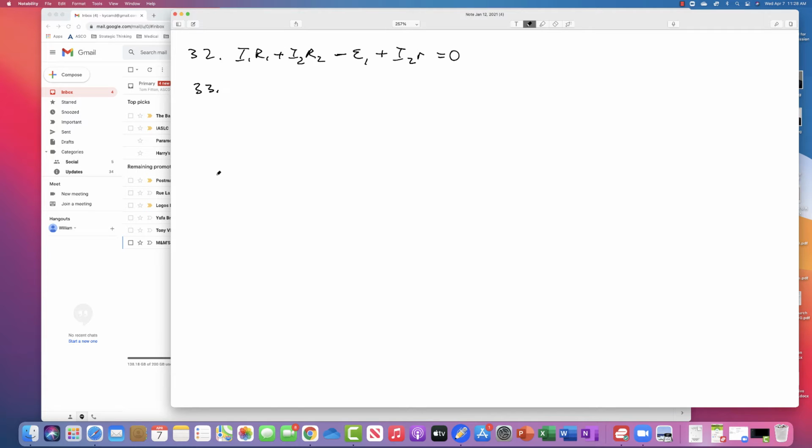The value for I2 is minus 3.5, and the value for I1 is 4.75. So if you put minus 3 times minus 3.5, plus 18, minus 6 times 4.75, that needs to equal 0. And if you do the math here, indeed it does equal 0.